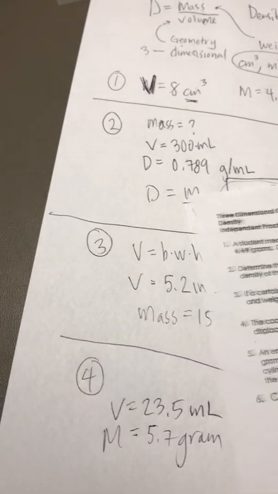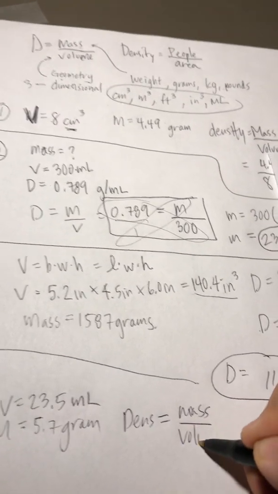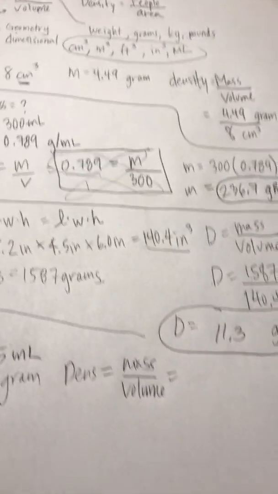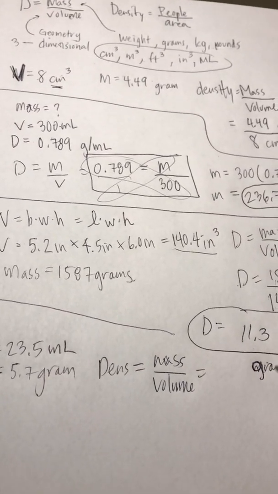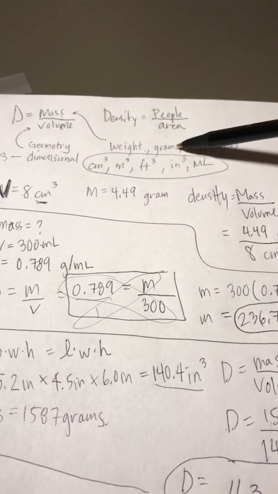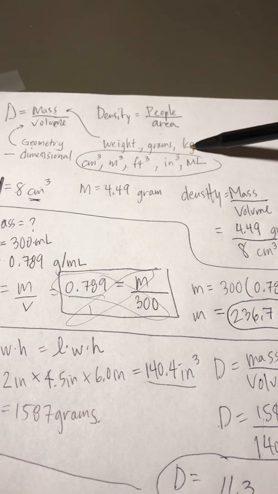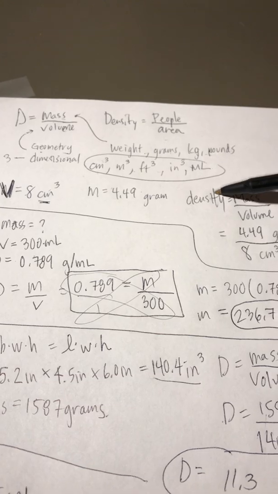So we know to find density, the density is equal to mass over volume. And we also know from previous problems that most of the time we calculate it in grams per, and we can calculate it in grams per centimeter cubed, or kilograms per feet cubed, anything like that, any measurement of mass and any other measurement.